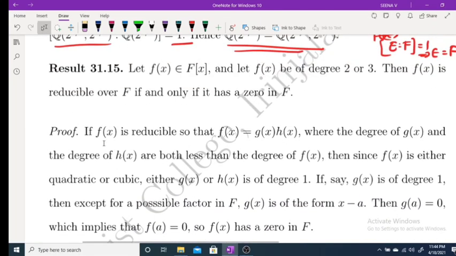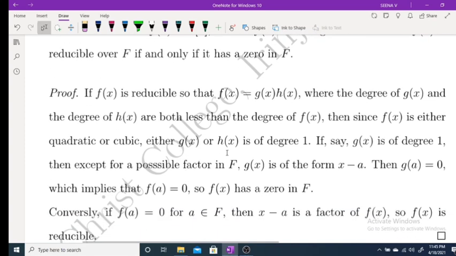Anyway, the proof is this: suppose f(x) is reducible over F, then f(x) you can write as g(x) into h(x), where the degrees of g(x) and h(x) are both less than the degree of f(x). Since f(x) is either quadratic or cubic, either g(x) or h(x) is of degree 1.